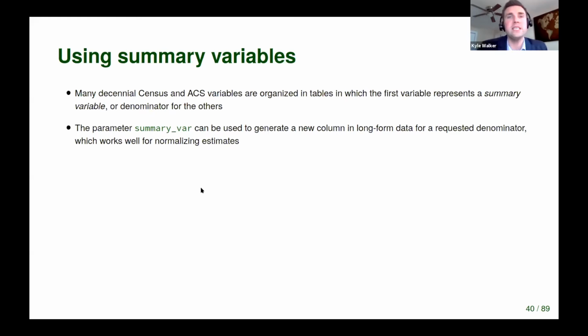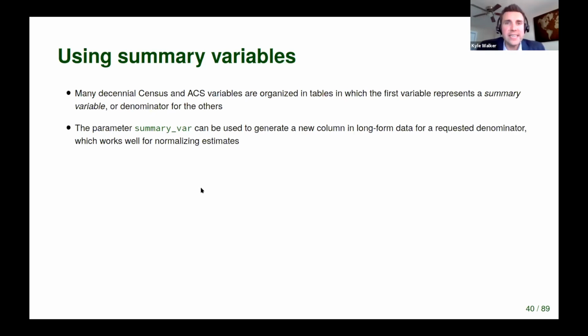A good example of this is education, because educational attainment is reported in the ACS for individuals age 25 and up. It doesn't really make sense to ask a 16-year-old if she has a PhD. You wouldn't expect that to be the case at that stage in your life course. And so the appropriate denominator when measuring educational attainment is not total population, but rather the universe of people age 25 and up. And so census will organize the tables accordingly.